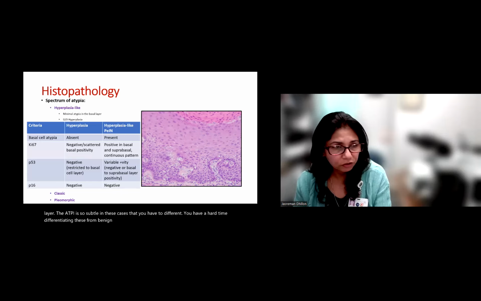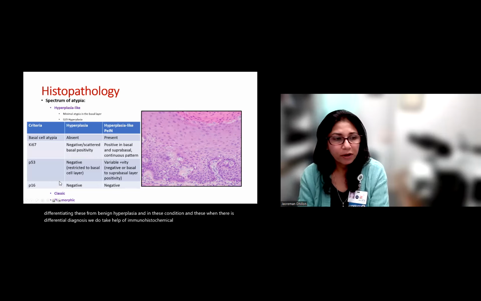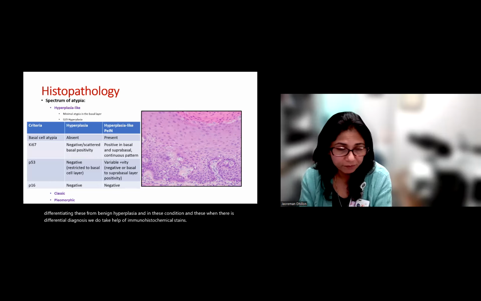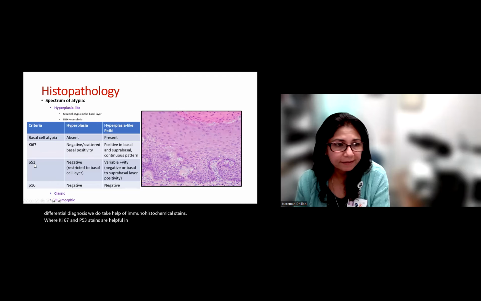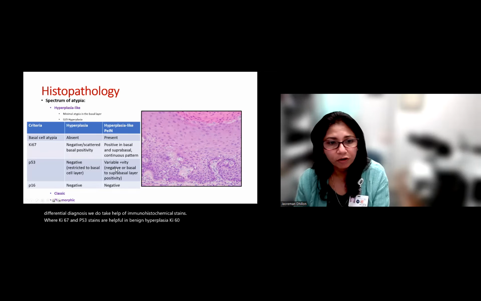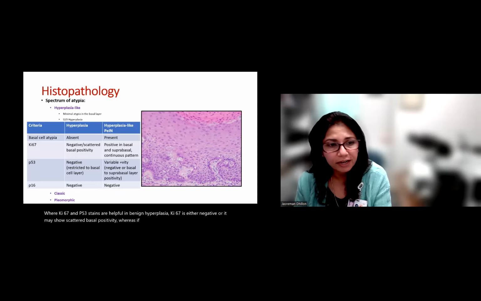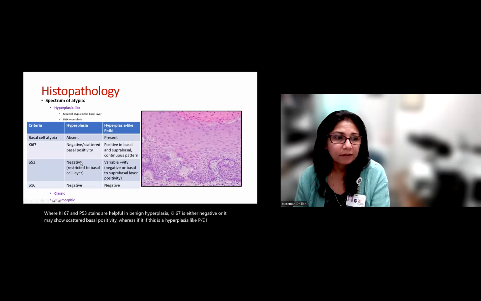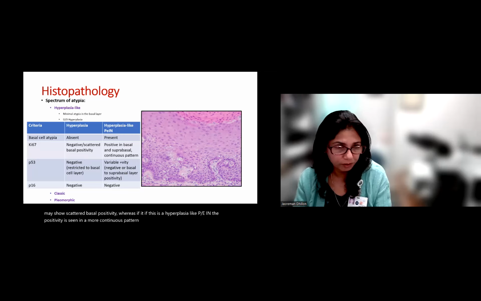And in these conditions, when there is differential diagnosis, we do take help of immunohistochemical stains, where Ki67 and P53 stains are helpful. In benign hyperplasia, Ki67 is either negative or it may show scattered basal positivity, whereas if this is a hyperplasia-like PEIN, the positivity is seen in a more continuous pattern in basal and suprabasal cell layer.